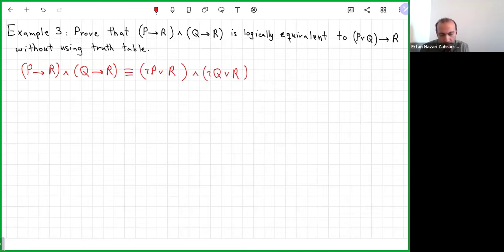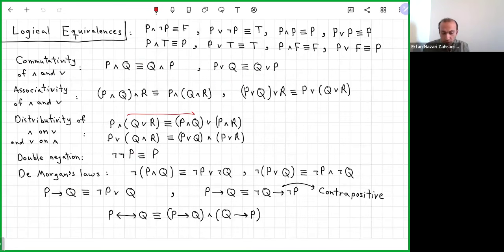I see that I have two parentheses and they have something in common. As I said, distributivity in one side looks like I'm distributing. Using it backward, note that equivalences is a two-way thing. You can use this is equivalent to that and this is equivalent to that. Using it backward, it's like I'm factoring.